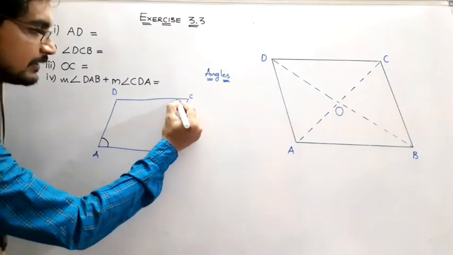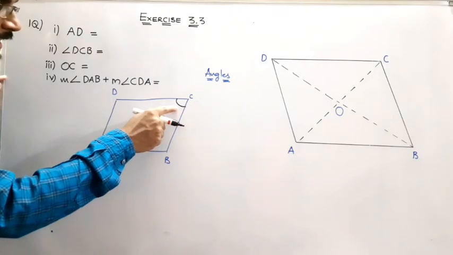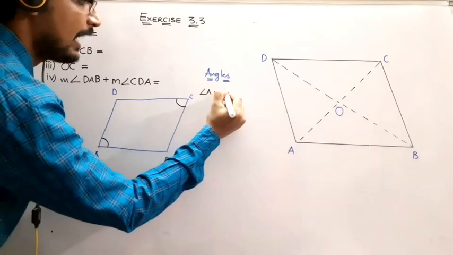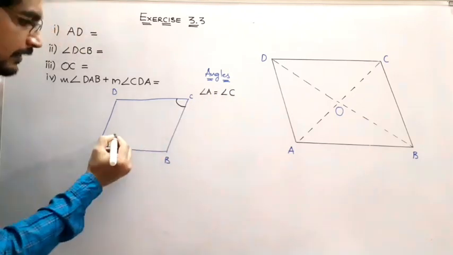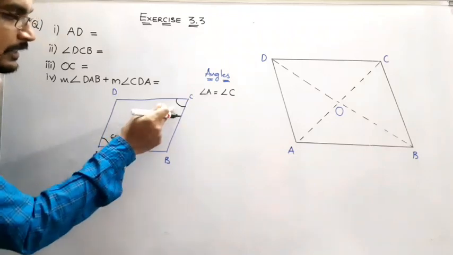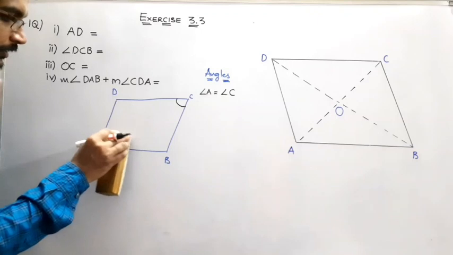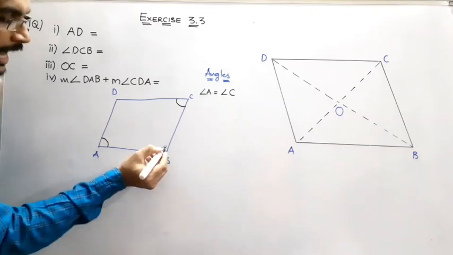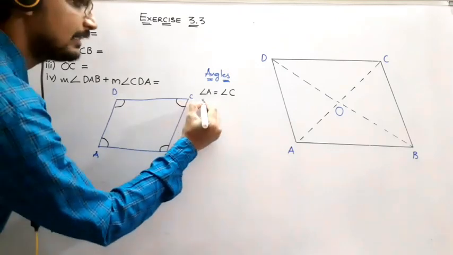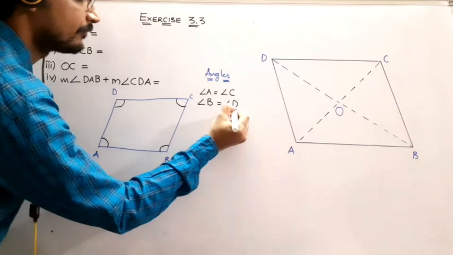Okay, that means for angle A, which is the opposite angle? C. Angle A will be equal to angle C. That means if this is 60 degrees, then automatically, no need of finding C, and C also will be equal to 60 degrees. In like manner, angle B will be equal to angle D.